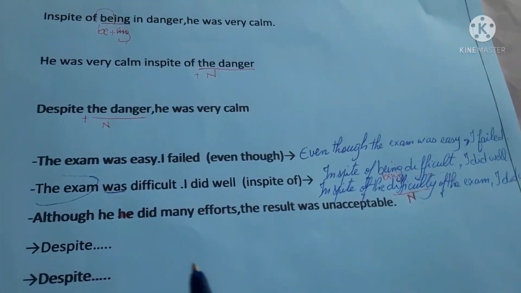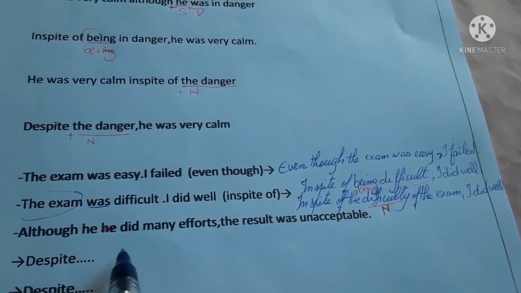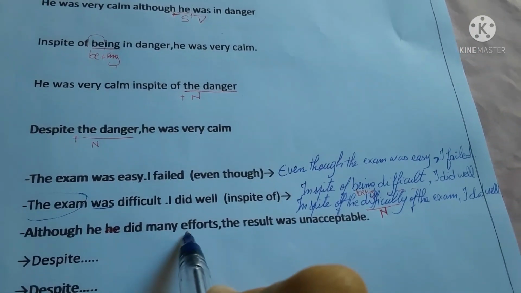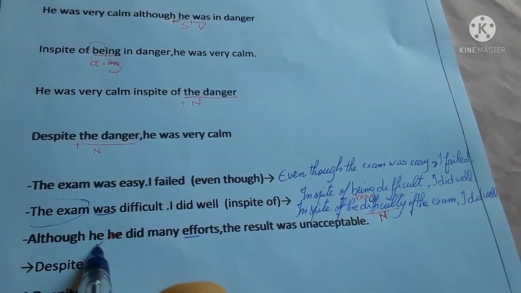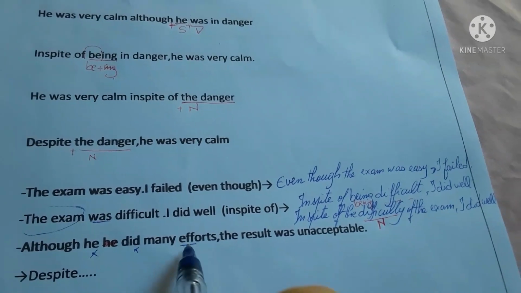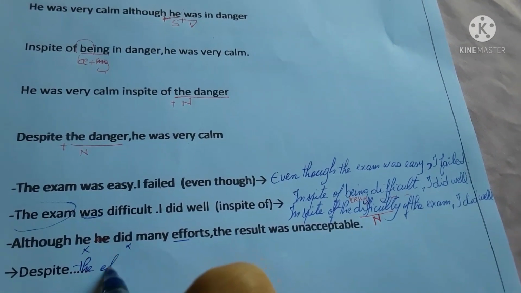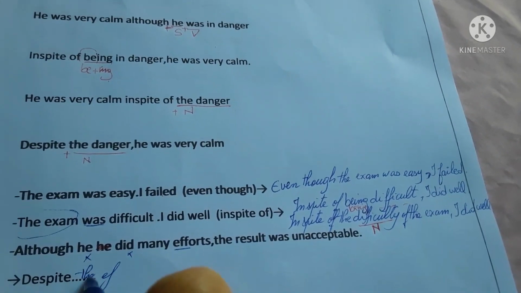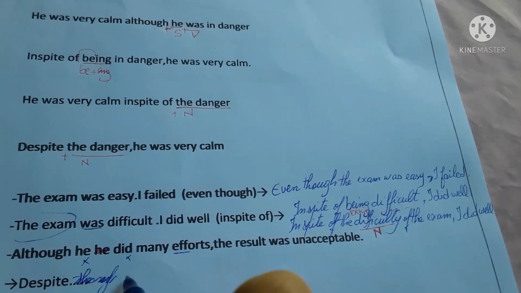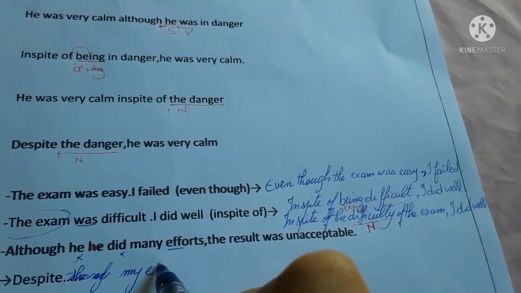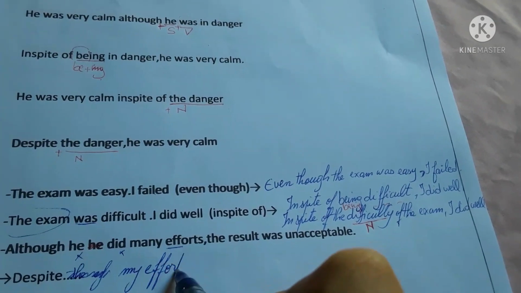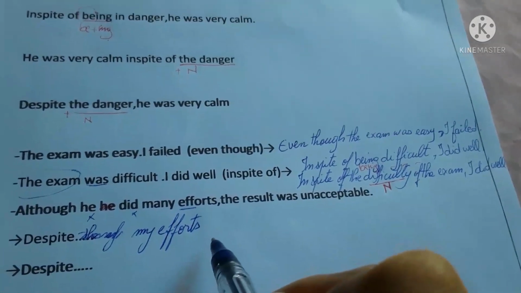How do we do it? Despite نحوسو على الاسم effort ما نسحقوش السوجي ما نسحقوش الفعل. Despite the efforts or my efforts, both are correct.